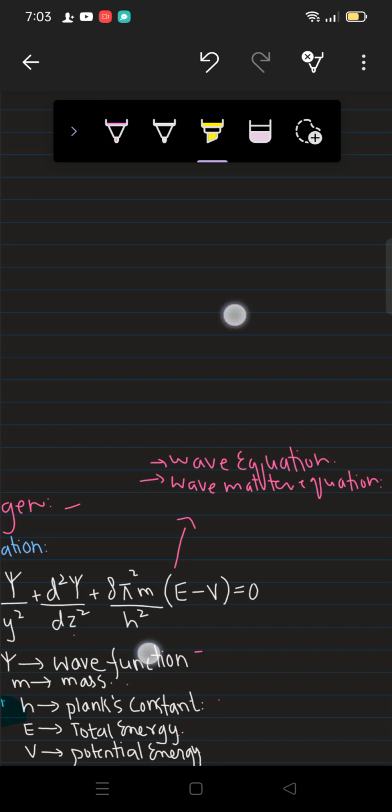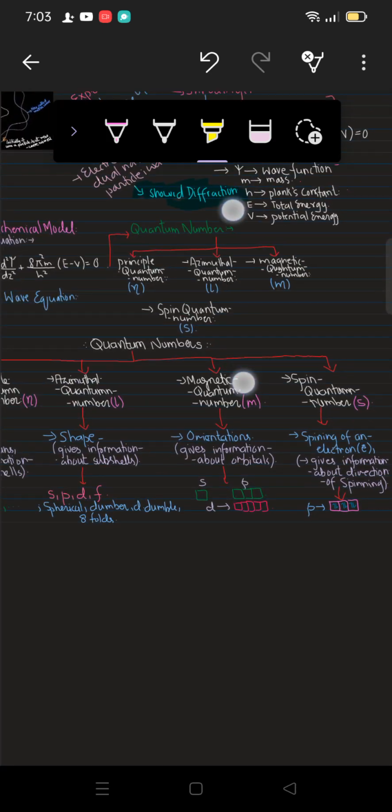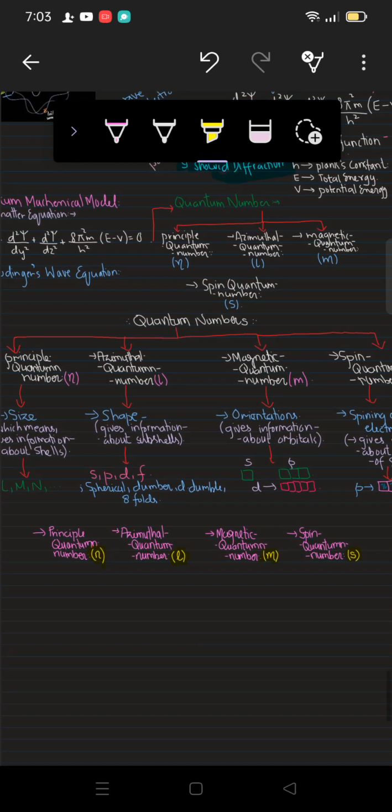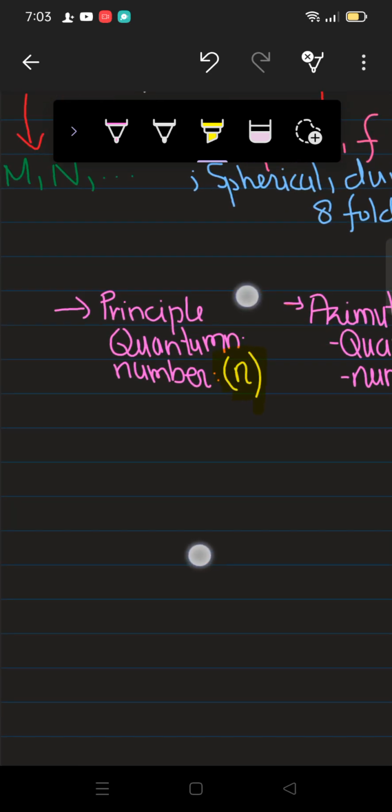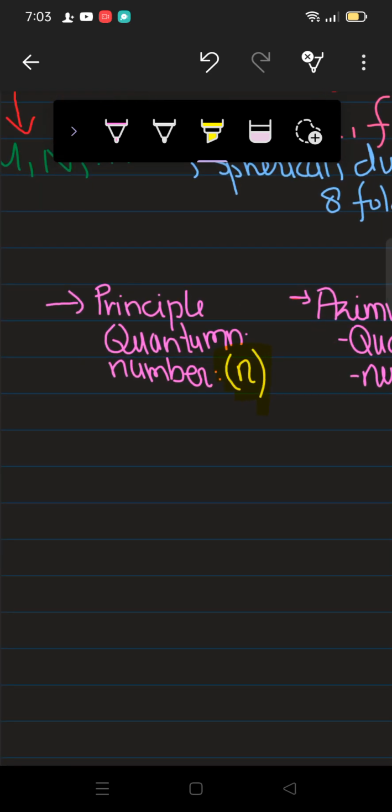Alright, so I have written here the 4 basic quantum numbers: principal quantum number, azimuthal quantum number, magnetic quantum number, and spin quantum number. I have initially told you that the principal quantum number basically tells us about the size of the atom, and we know that there are shells in it, which means it gave us information about the shells.